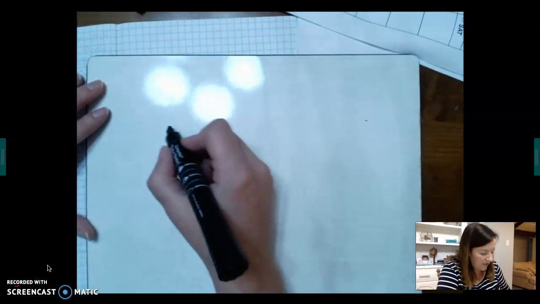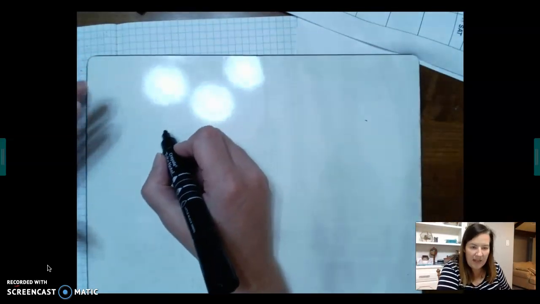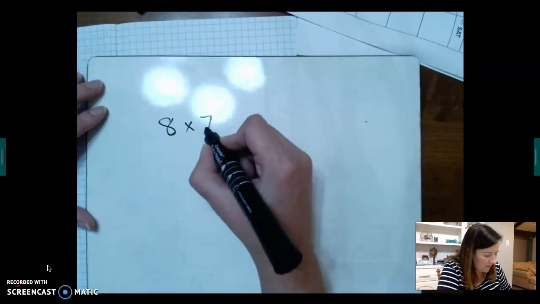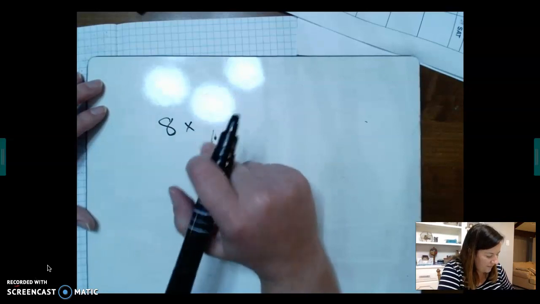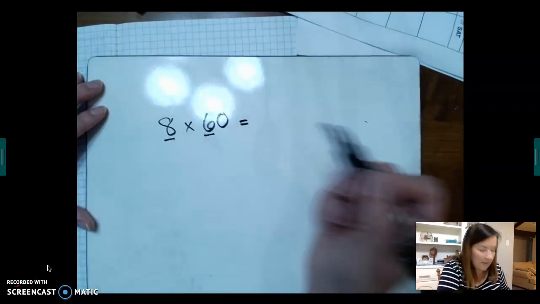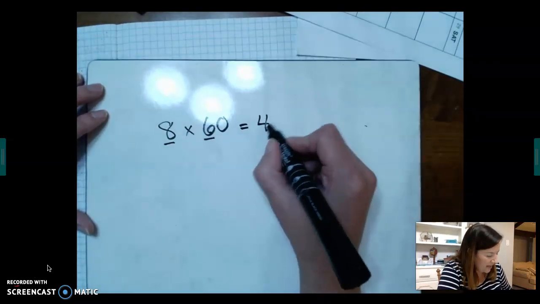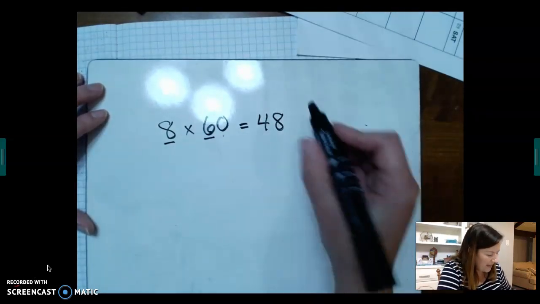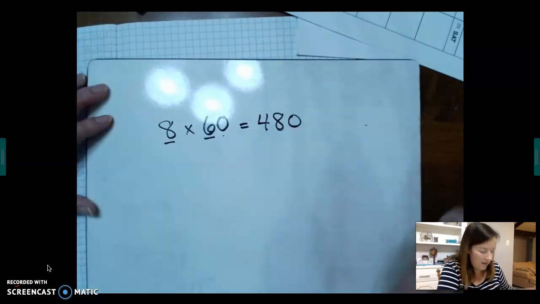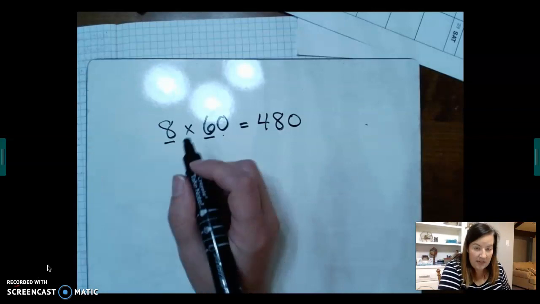It works for any number with like multiplying by tens and hundreds like that. So let's say 8 times 60. Well, I know 6 times 8 is 48, and then I'm going to add that 0 back in at the end. So 480. For any number at all.